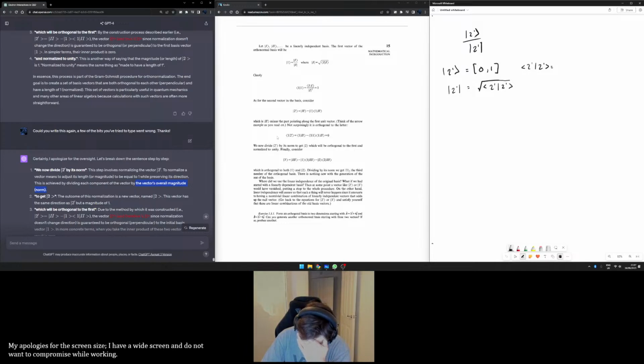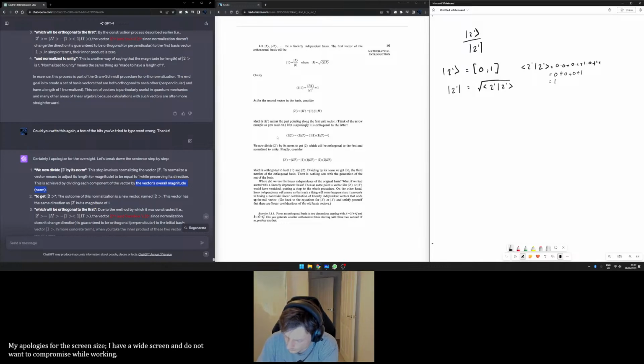So this will actually be 0 times 0 plus 0 times 1 plus 1 times 0 plus 1 times 1, which is 0 plus 0 plus 0 plus 1, which equals 1. So the magnitude, the inner product is 1.